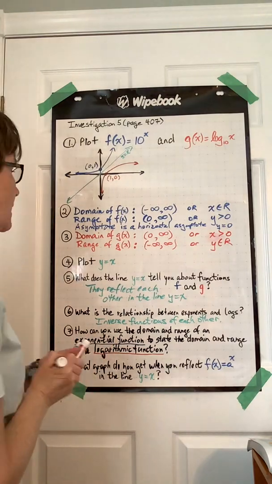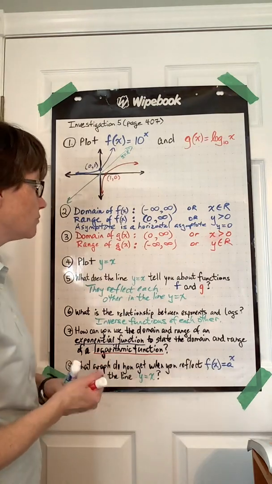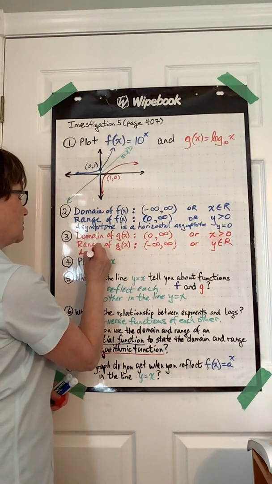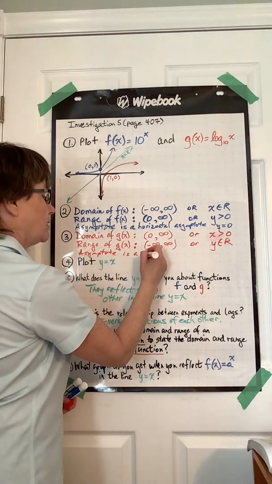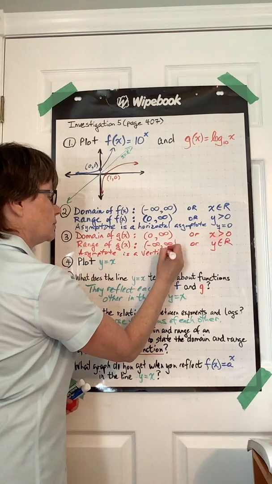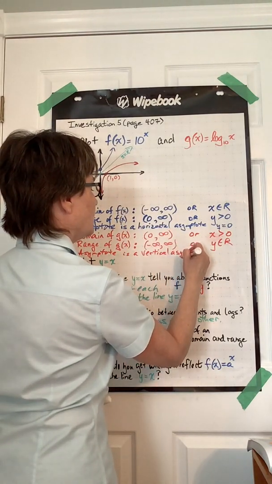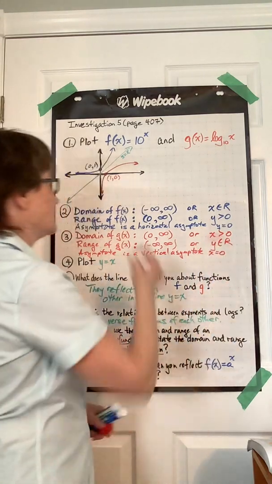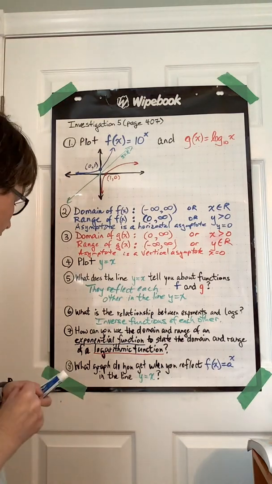So remembering again that all things x becomes y, all things y becomes x when we do the inverse. So on this logarithmic function, our asymptote is actually a vertical asymptote, so a straight line up and down. And that, in this case, is going to be x equals 0 as that equation. So that's the y-axis is the asymptote for that function.